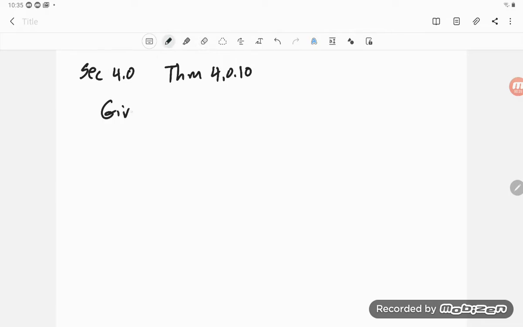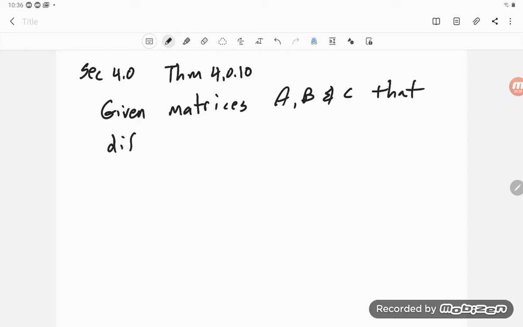Given matrices A, B, and C that differ only in row I. Okay?